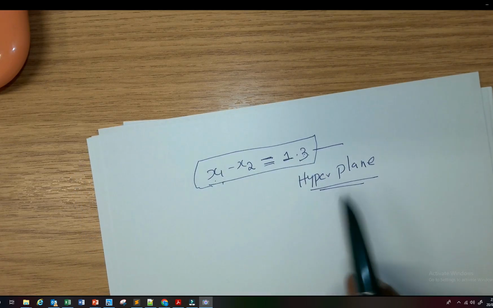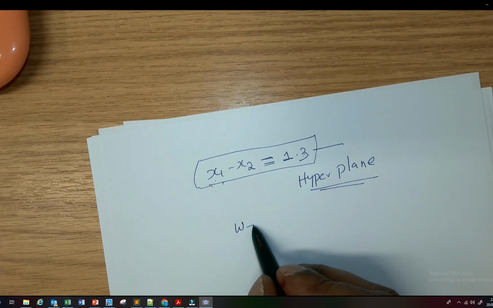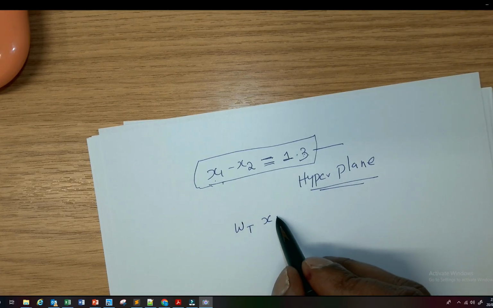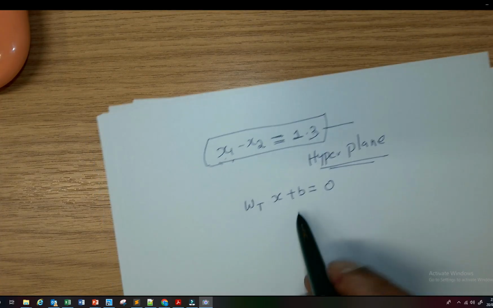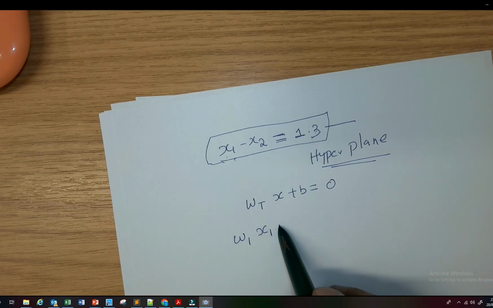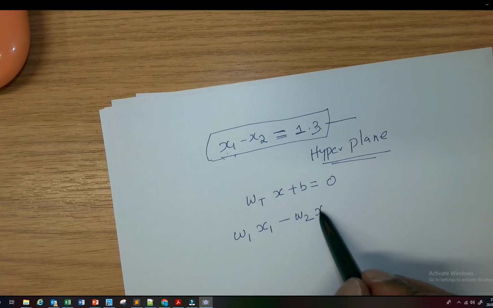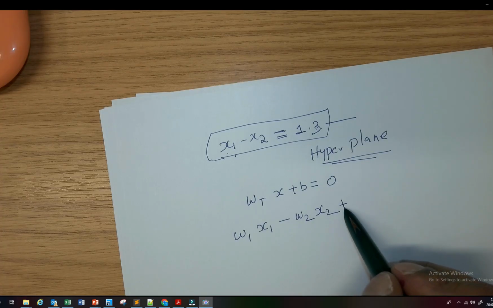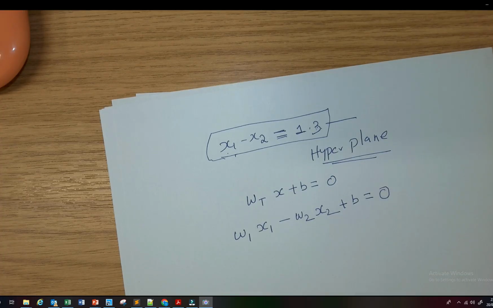So you have to write this equation in the form of a hyperplane equation, which is w transpose x plus b equal to 0, or in other words w1 x1 plus w2 x2 plus b is equal to 0.